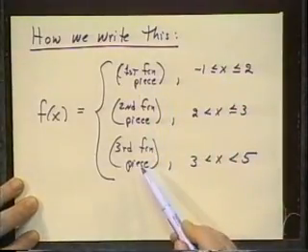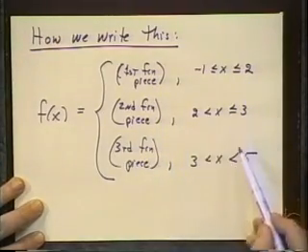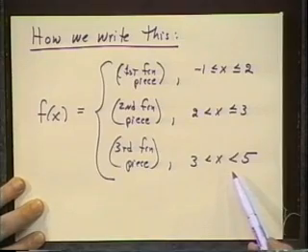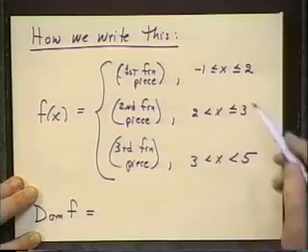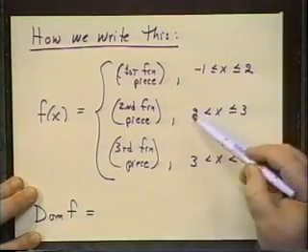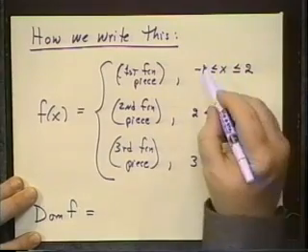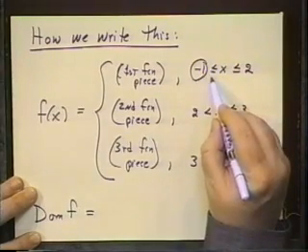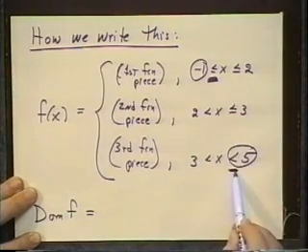Whatever those functions are, I don't happen to know what those are, it doesn't matter. These three pieces are defined on these three separate intervals. Now, if we join those intervals together, since they all touch, -1 to 2, 2 to 3, 3 to 5, the overall domain for the function is from -1, including -1, up to 5, but not including 5.